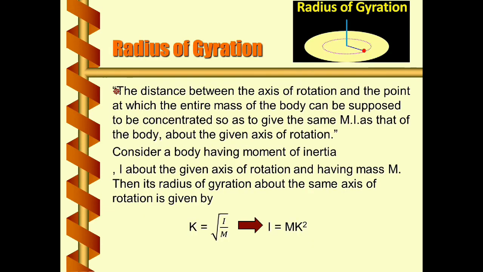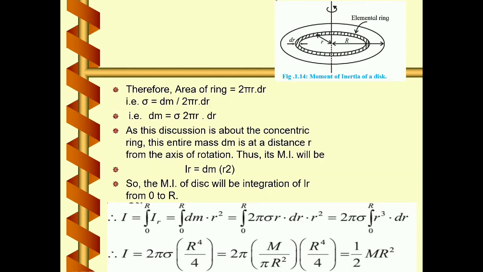So 2 pi as it is here, instead of sigma I am writing M upon pi R square, and R raised to 4 upon 4 the same. So you can cancel pi and pi, 2 and 4 you can cancel, R square and R raised to 4 you can cancel. So finally we get the term 1 by 2 M R square.